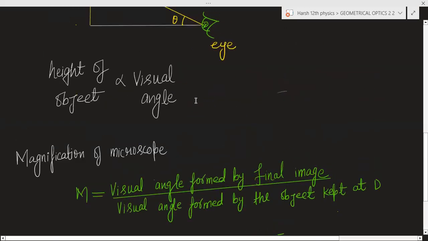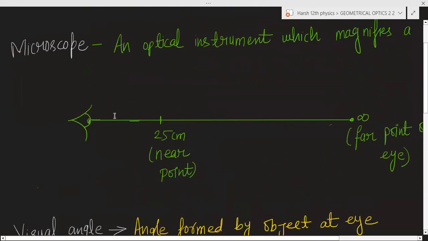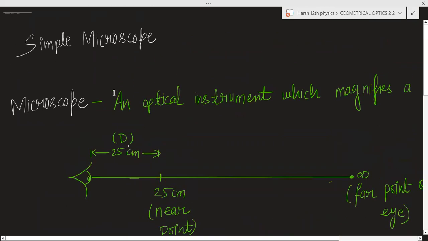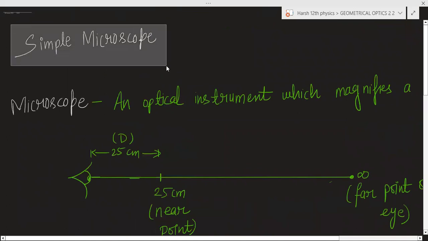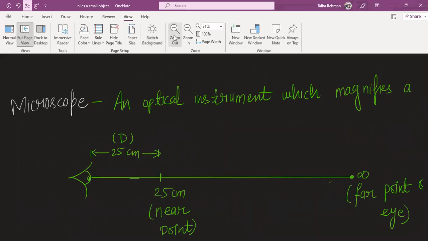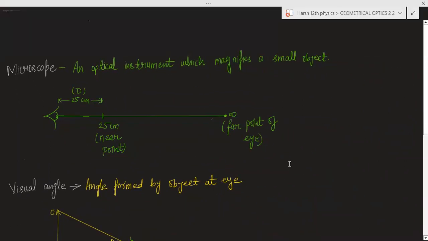This is the near point, okay? This distance from the eye is 25 centimeter. So this is known as D, capital D. Okay, so now please first note down, then we will discuss this simple microscope because these are the basic things that will be required.